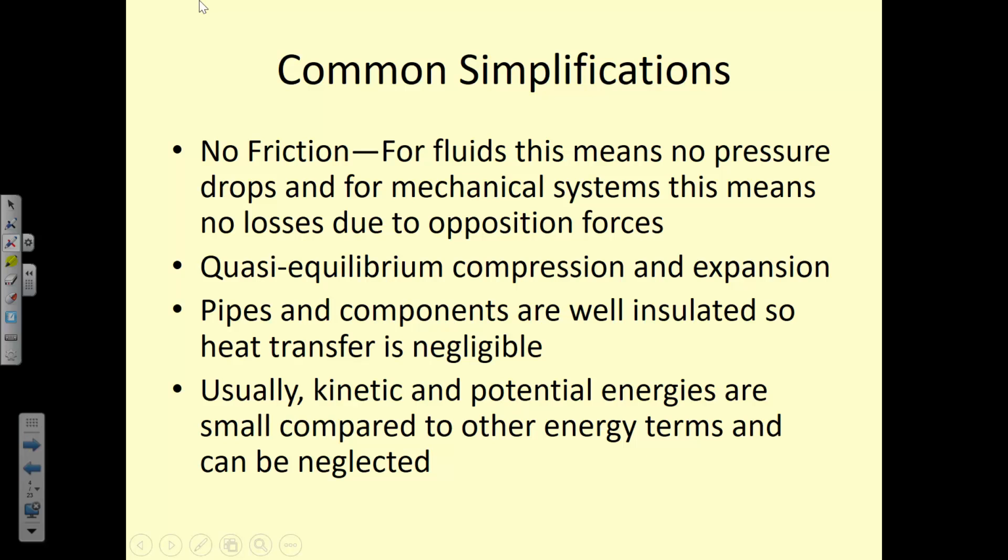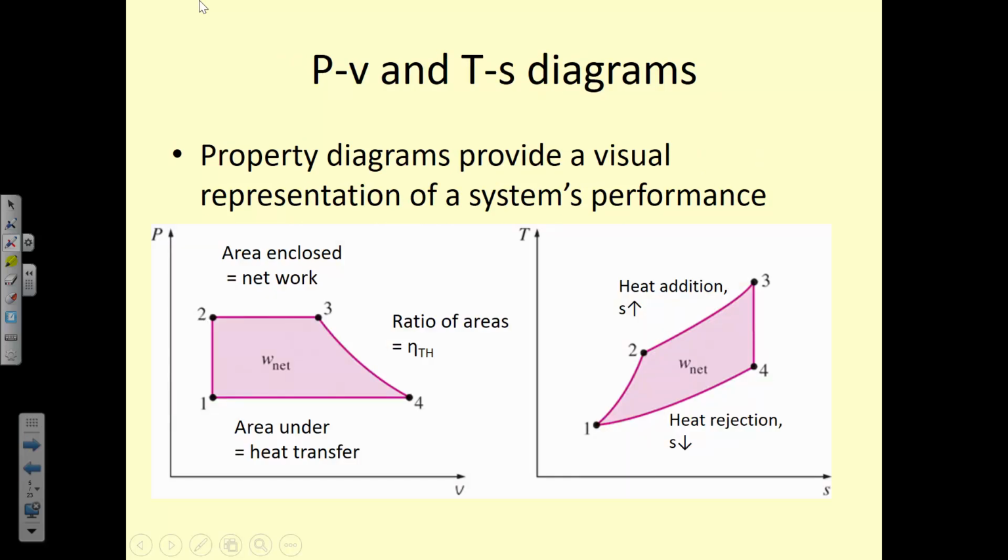So our compression happens so that we don't have any kind of fluctuation or oscillation in property values, and that things change at the same rate all across the control volume. We assume heat transfer is not a problem, and a lot of times we just completely ignore kinetic and potential energies because in most cases they're negligible compared to the other energy terms that we're more worried about.